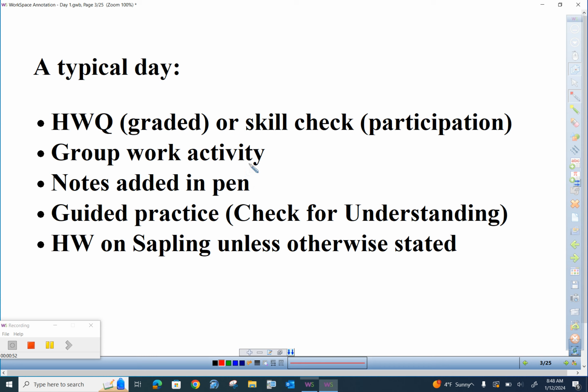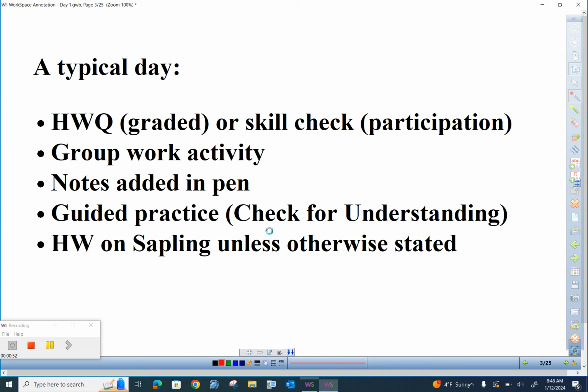When we get to that point past the group activity, we will add notes together as a class, and I want you to add those in pen, so when you're looking back at your notes, you'll know what you had come up with as your group, and you keep that rather than erasing it, but then what I wanted you to know as a whole group, so you have that information moving forward with your homework. Then we're going to do some guided practice to make sure after the notes you understand the expectations so you're ready for the homework.